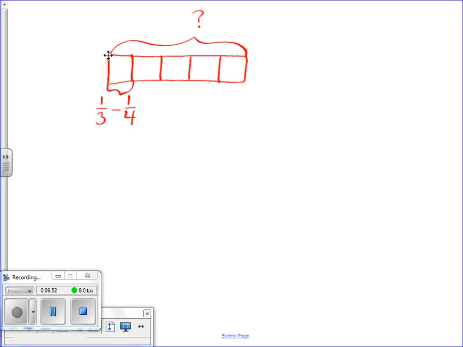Then this one is 2, and that one's 2. So if we were trying to find the magic number, what would we do to that 2? We would add all the numbers together, or we would multiply it by 5. So why can't we do the same thing even though it's fractions?